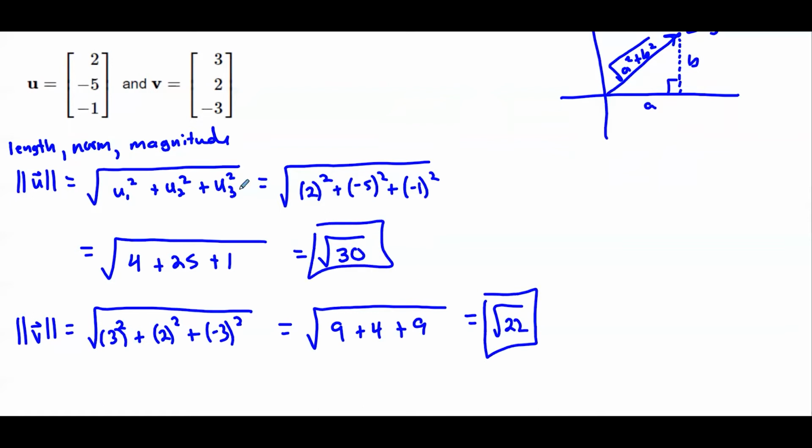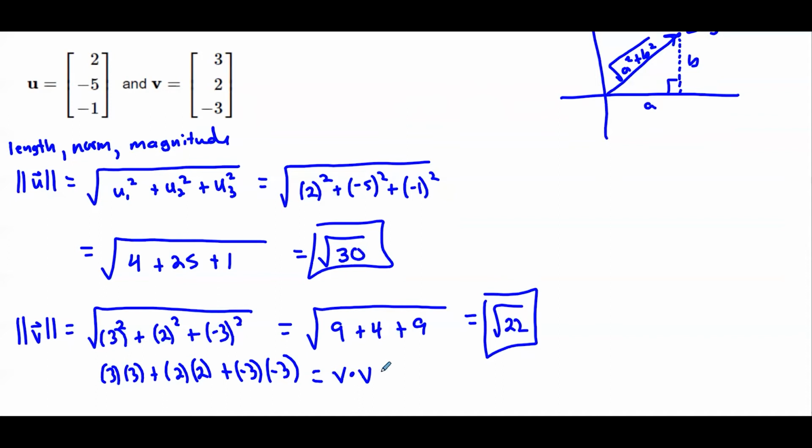Now, if you think about what this is, this 3 squared plus 2 squared plus negative 3 squared, that's 3 times 3, and that's 2 times 2, and this is negative 3 times negative 3. Well, if we look at V, that's just V dotted with itself, right?